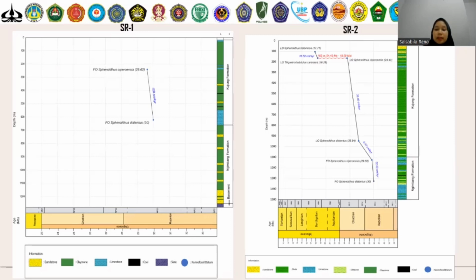At NP24 it is 6.47 centimeters per kilo-year. At NP25, it is 32.40 centimeters per kilo-year, and at age NN3, it's 10.52 centimeters per kilo-year. There is an unconformity found at the age of NN1 to NN2, which is early Miocene.